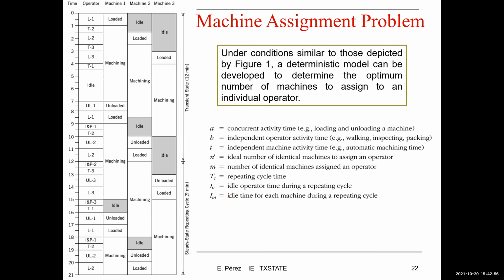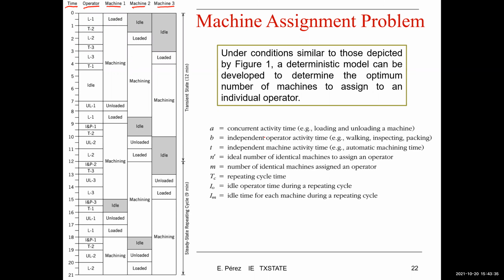Okay, so in this figure, we have the timeline. On the first column, we have the operator activities, on the second column, and then we have the activities happening in each machine as time moves forward. So we start with the first machine, and what this figure is trying to illustrate is those time periods in which you have these machines idle, waiting for the operator to arrive.